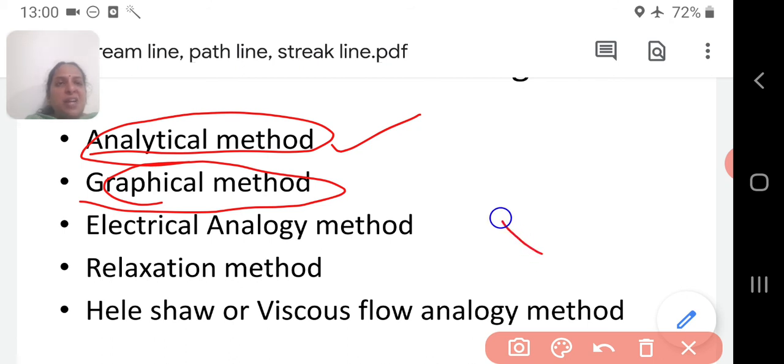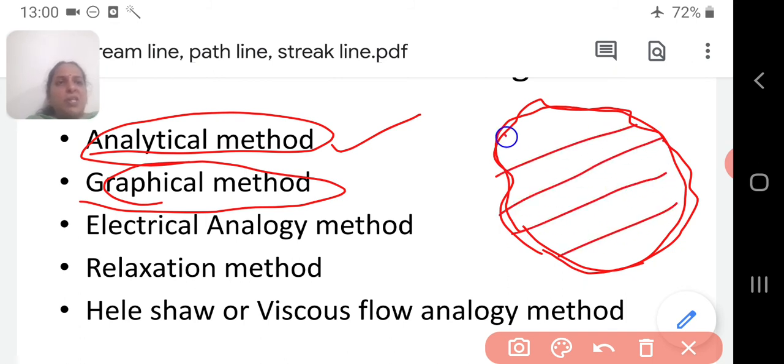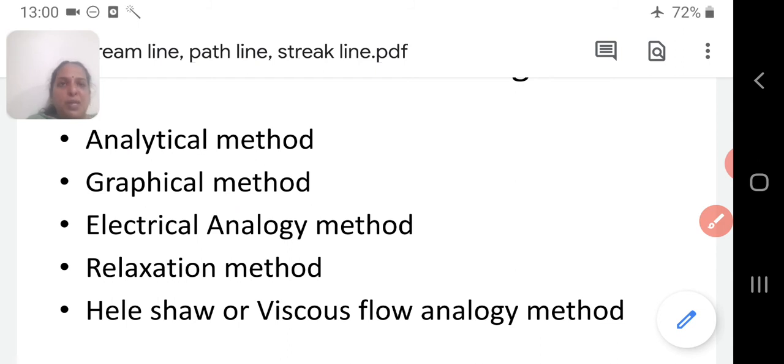In the graphical method, even if it is any irregular shape, we will be able to draw the flow net. We consider the boundary as a fixed one, and we will be able to draw the flow nets with respect to these boundaries on graphs, and get the value of the flow net. The other one is the electrical analogy method, in which we assume that the electrical current is analogous to our velocity.